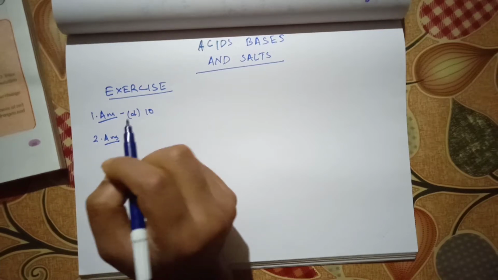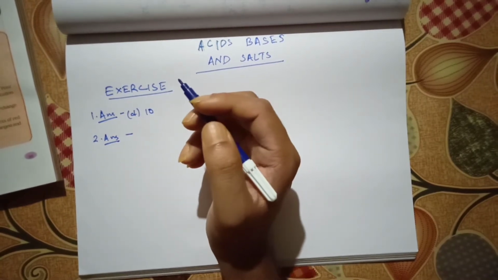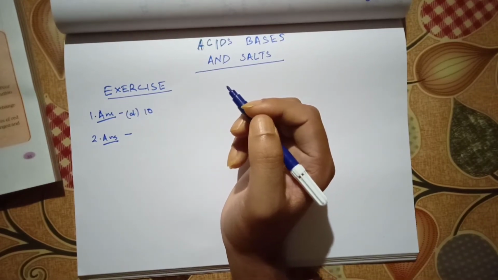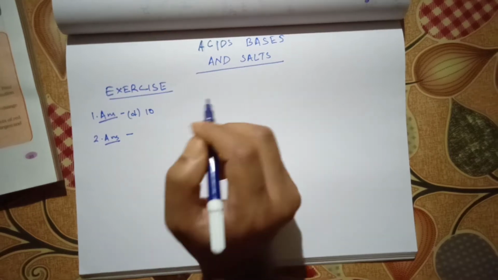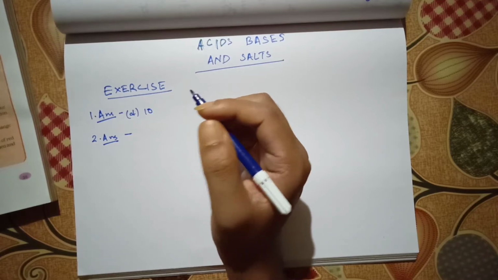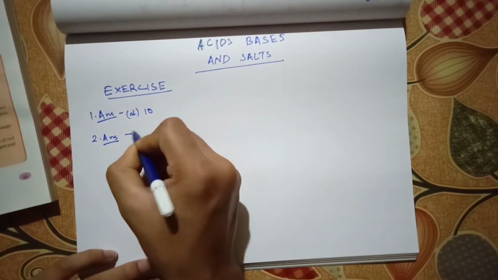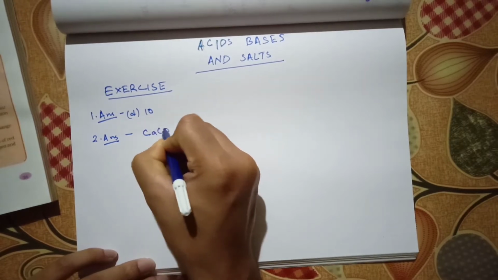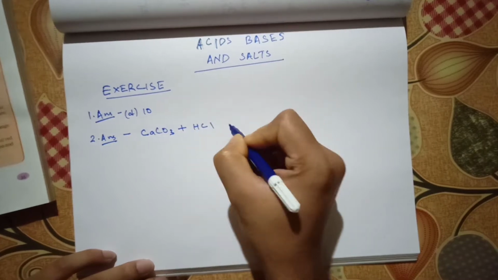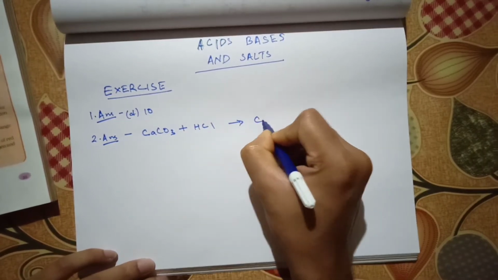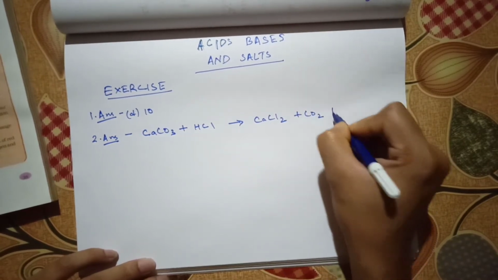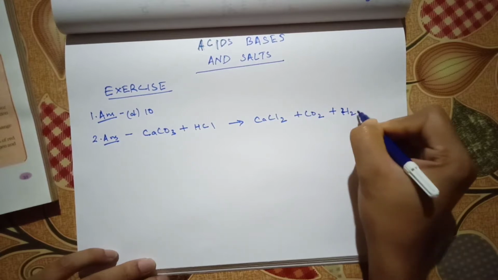To make lime water milky we need CO2, and we know that in crushed eggshells CaCO3 is present, and when the CaCO3 reacts with HCl, we get CaCO3 plus HCl gives us calcium chloride plus CO2 plus H2O.